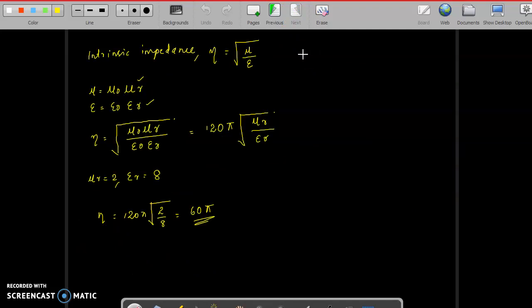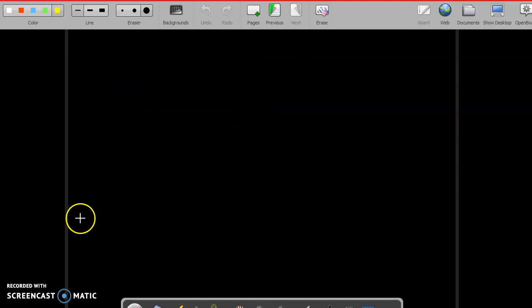Now we are going to calculate the next quantity, the wave velocity. What is the velocity with which the wave is propagating through the medium? That is the meaning of wave velocity.